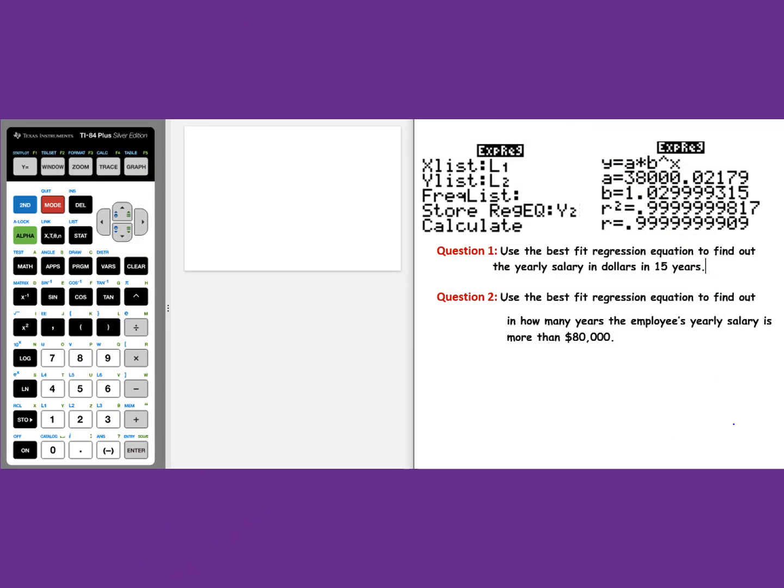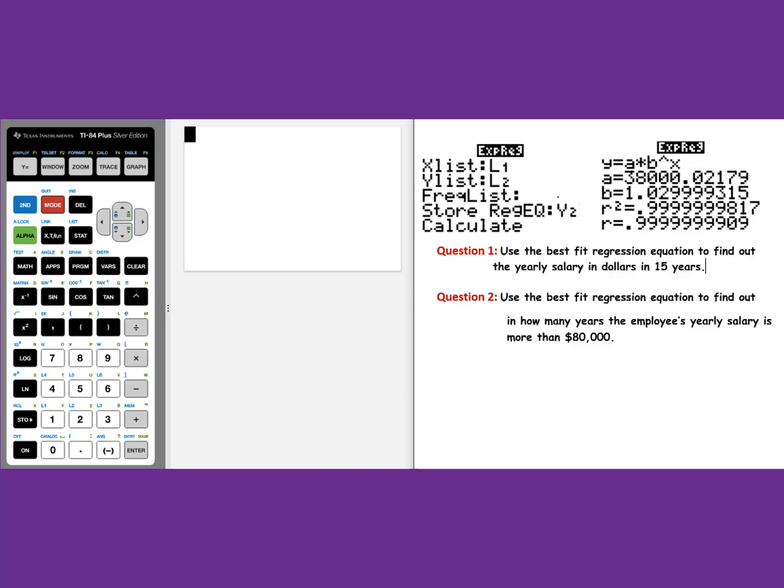Now I will show you how to use the best fit regression equation to answer the following two questions. Question 1. Use the best fit regression equation to find the yearly salary in dollars in 15 years. There are two ways to do that.